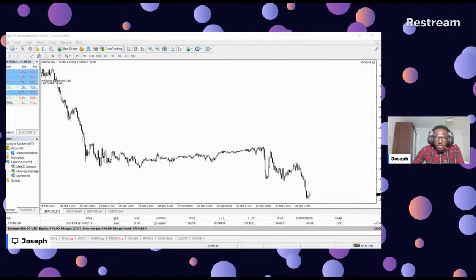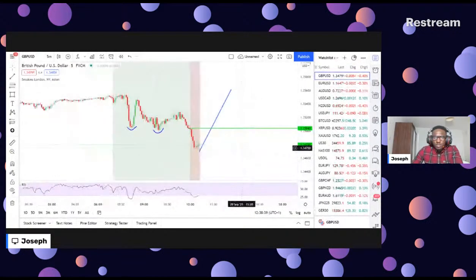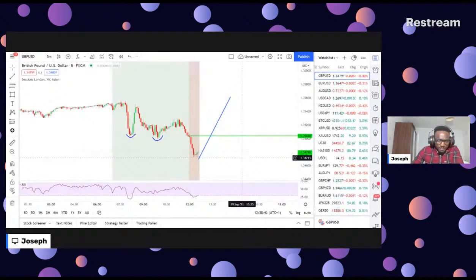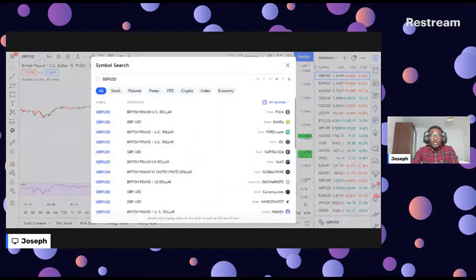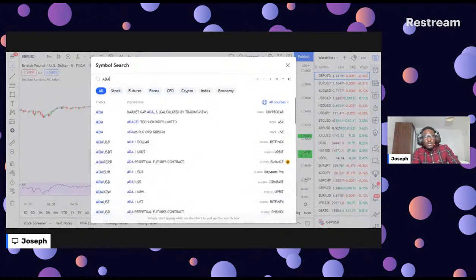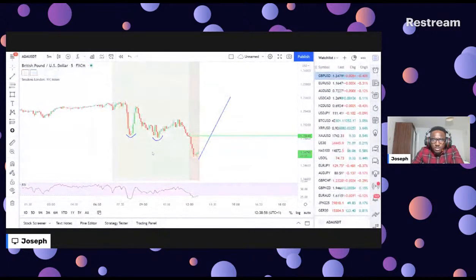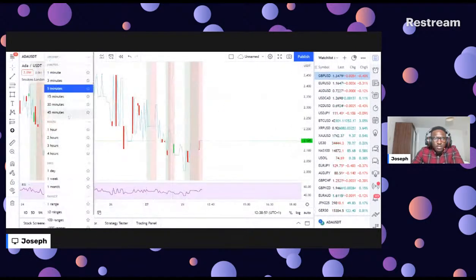So let's look at this. Someone has asked me to analyze another currency pair, and this is ADA/USDT. I don't know what that is, but let's see. It's a crypto. What kind of cryptocurrency is that?